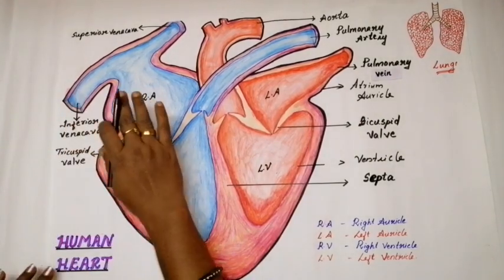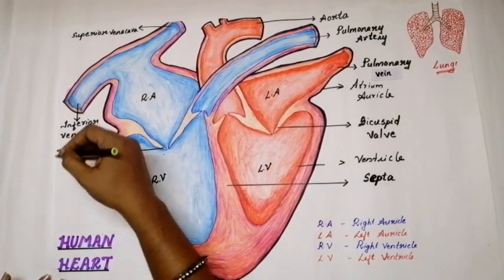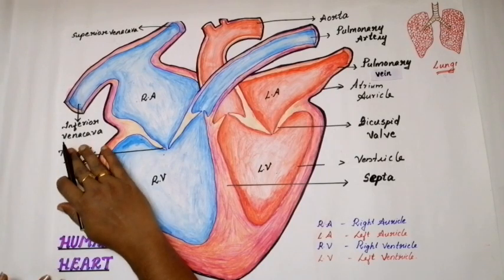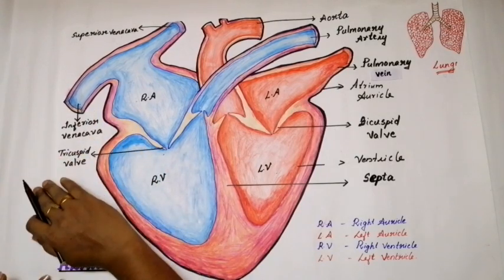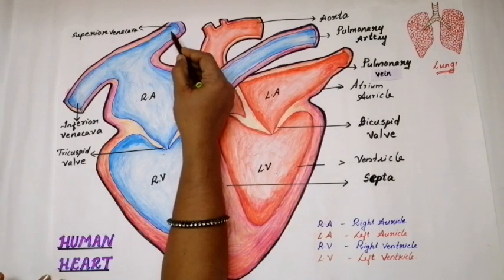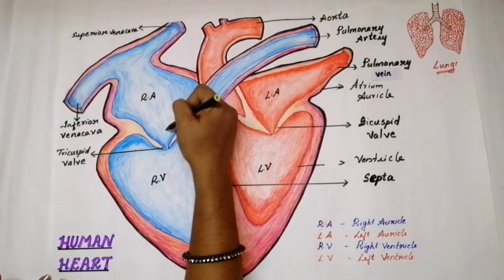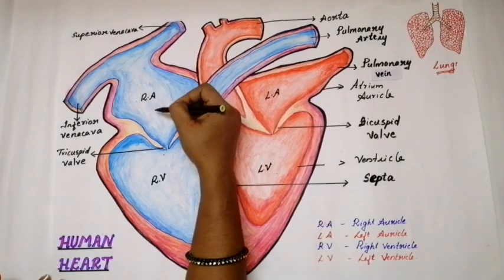Now, this deoxygenated blood is to be oxygenated, and for this, deoxygenated blood from all parts of our body is collected by the vena cavas, superior and inferior vena cavas, and carried to the heart, the right auricle.